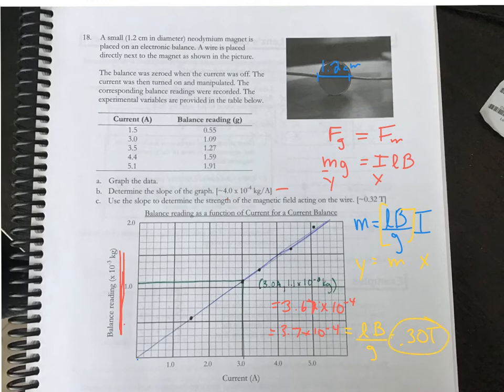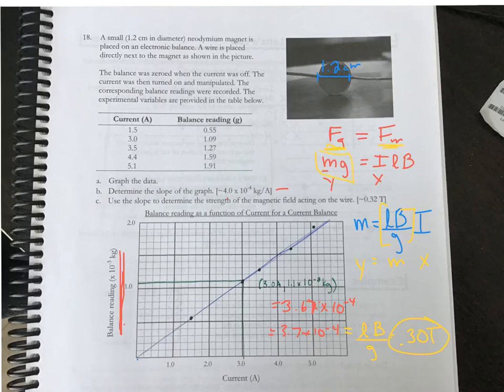So yeah, this is a graphing type question. Ideally, we would do a lab like this in the classroom, but for obvious reasons, we can't. But the process of this graph, again, is still the same. We need a relationship. And so we need to look at, okay, what are we actually measuring here? So we're measuring the force of gravity with a scale, and we're manipulating the current. So that thing we're measuring is the magnetic force. What do we have for equations?